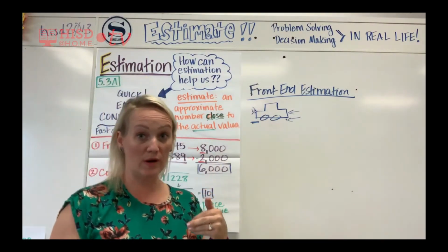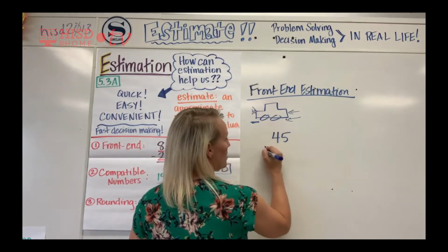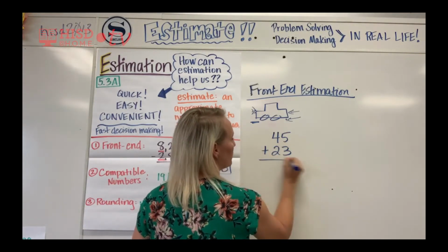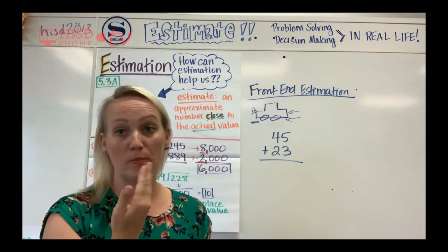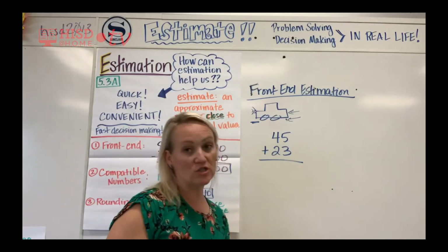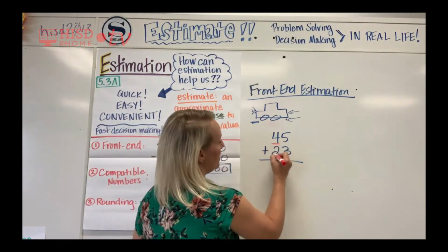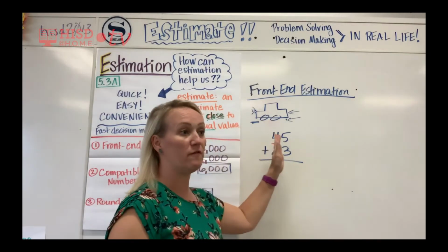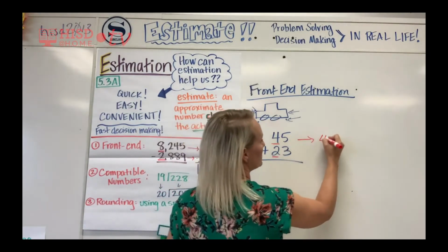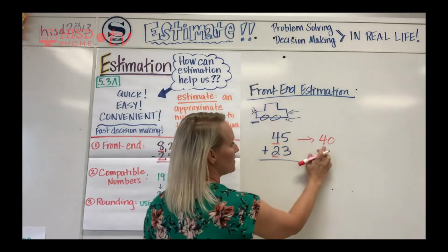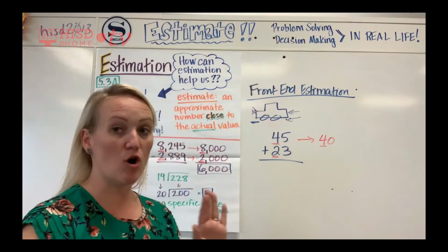So let me show you what I mean by that. If I wanted to add 45 plus 23, I'm gonna take the front part of the number, the largest place value, the 4 and the 2. So 45 becomes a 40 because all I did was take the front number. I'm just gonna call it a flat 40.